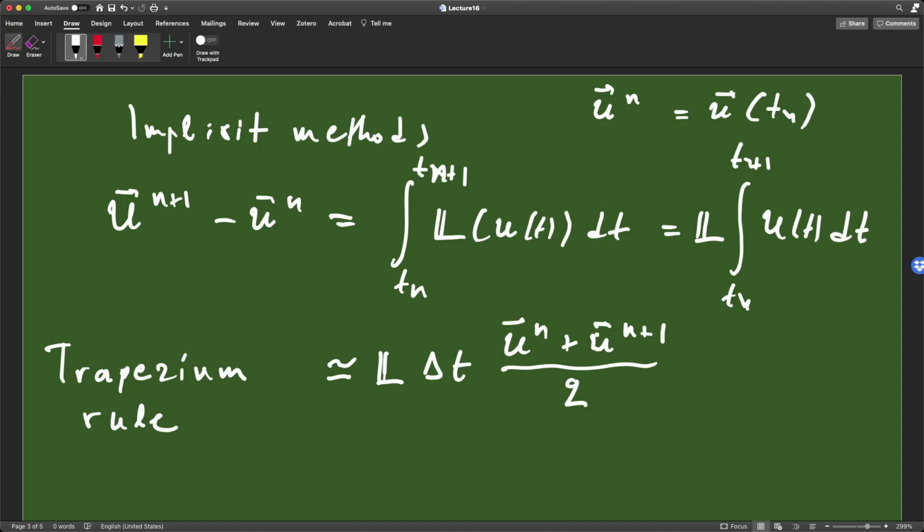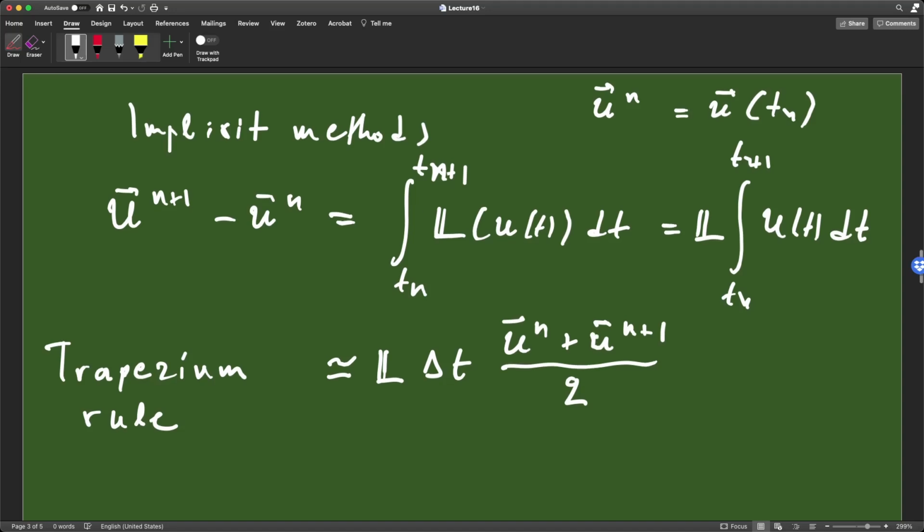Now, in general, if this was a nonlinear equation, the way you would solve this is at each time step you would make an initial guess for Un+1, or you could calculate it with Euler or a Runge-Kutta method. You would calculate an initial guess for Un+1, then you would plug this here, evaluate this term, and use it to calculate Un+1 from here.